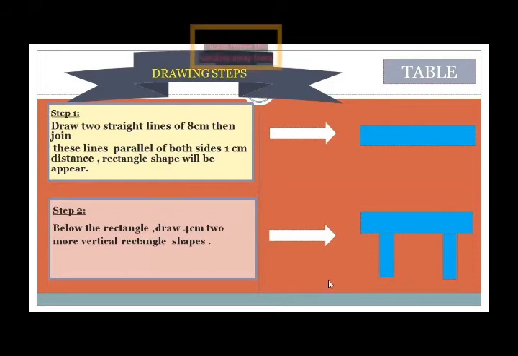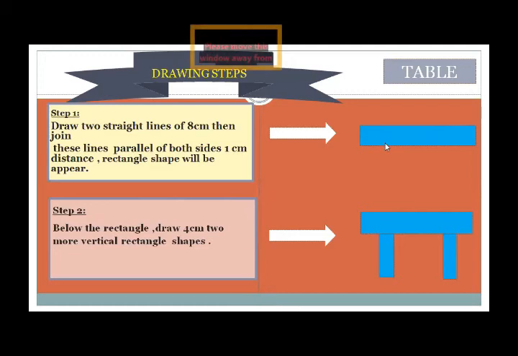I hope all of you got it. How will you draw a table? These are the drawing steps of a table. Step number 1, draw 2 straight lines of 8 centimeters, then join. Look at this picture. These lines are parallel on both sides, 1 centimeter distance. A rectangle shape will appear.